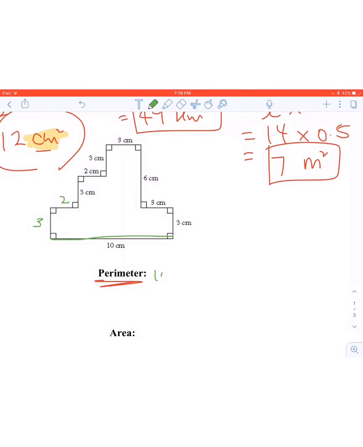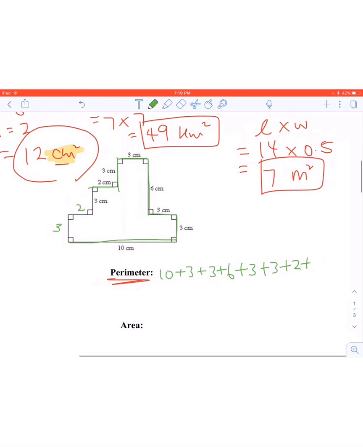We're going to have 10 plus 3 plus 3 plus 6 plus 3 plus 3 plus 2 plus 3 plus 2 plus, lastly, 3. And then we just have to add them up.